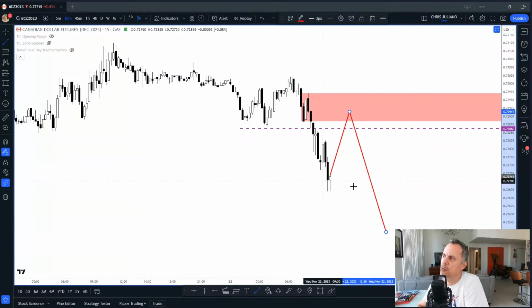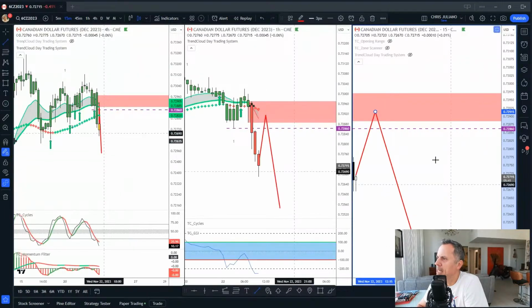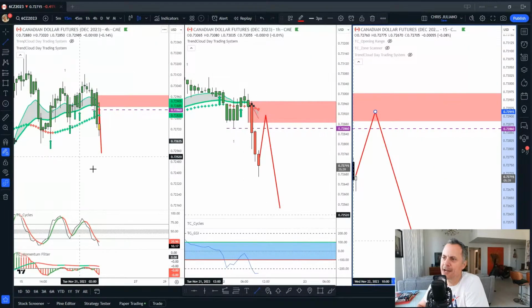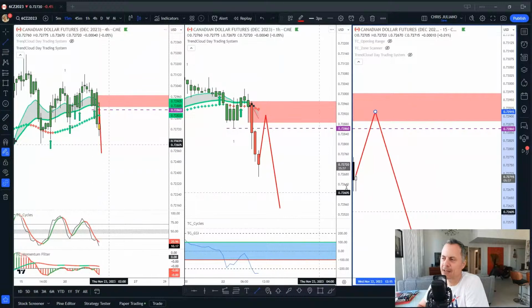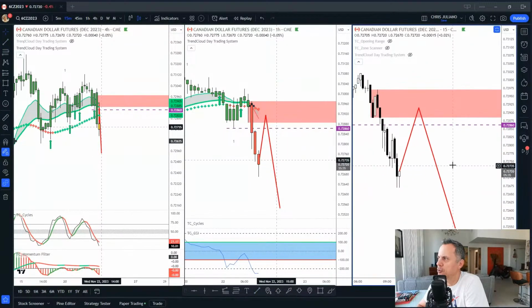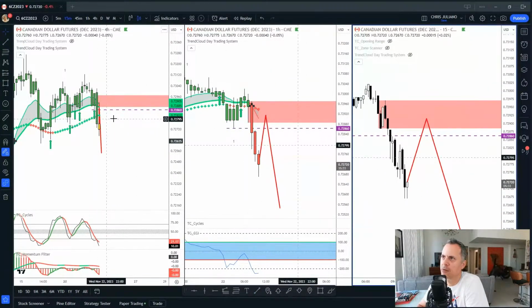Now, that was pretty easy to see, right? But to make this entire system work together, you've got to put it on multiple time frames. Each time frame should be at least 3 or 4 times higher than the next, right?